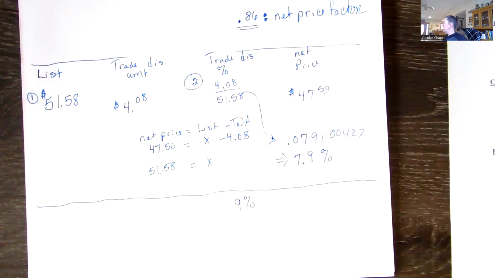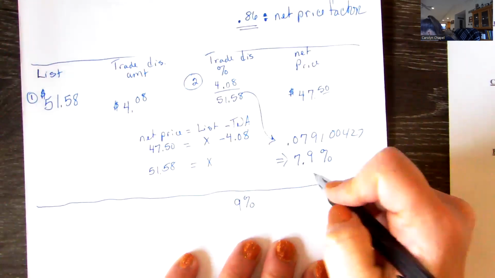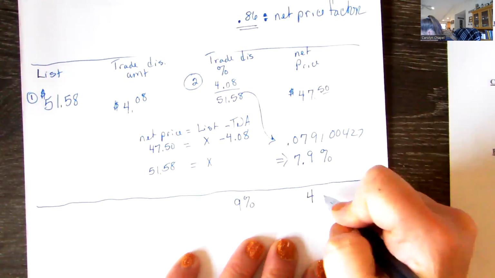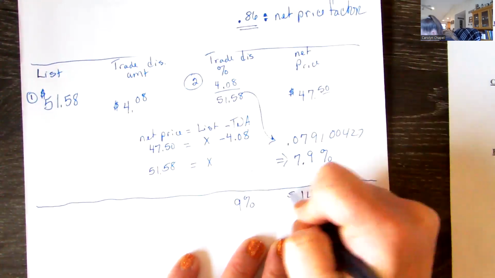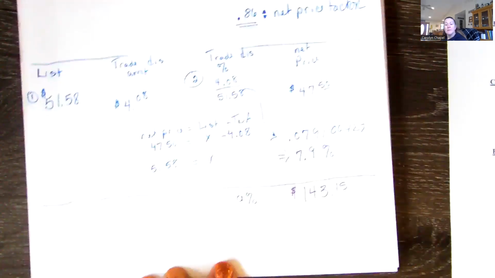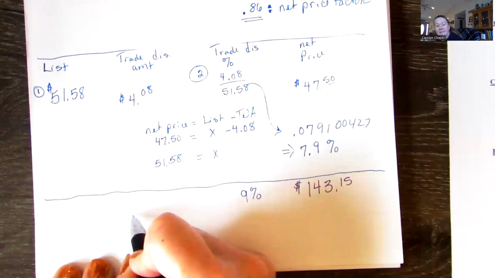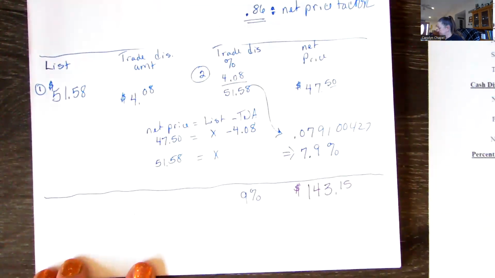And let's say our net price is $143.15. I want to find that trade discount amount and my list price.